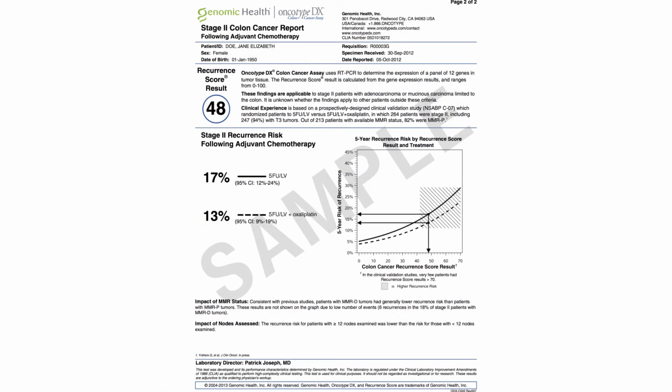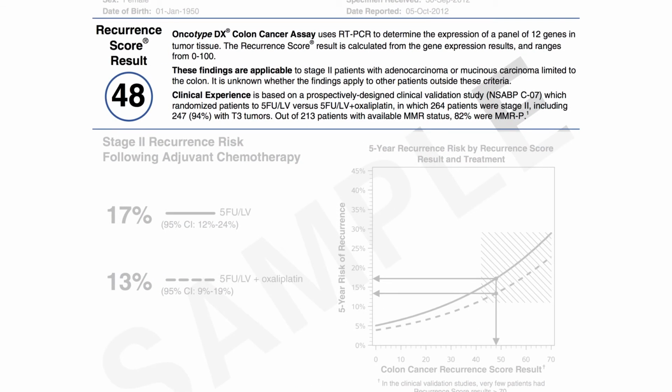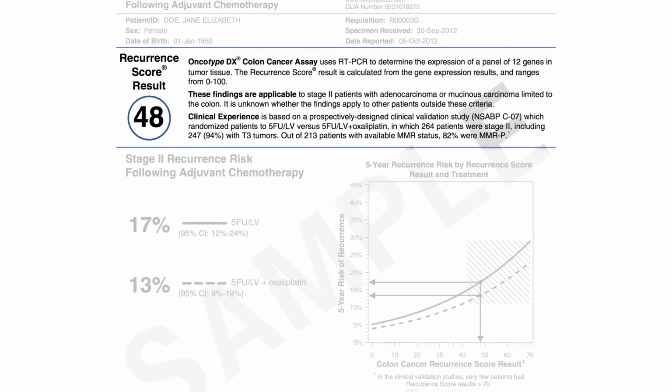If we look at the second page of the report, we see data that has been derived from the NSABP C07 clinical trial. This study looked at 264 patients from that trial in whom tissue blocks were available for evaluation. 247, or 94%, were patients with T3 disease.